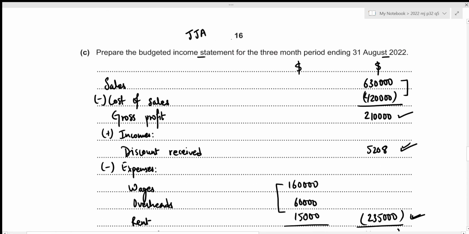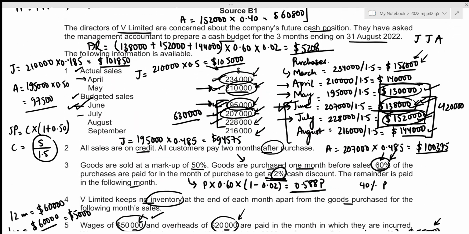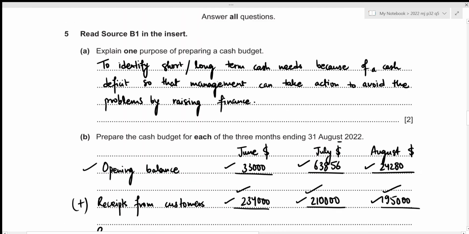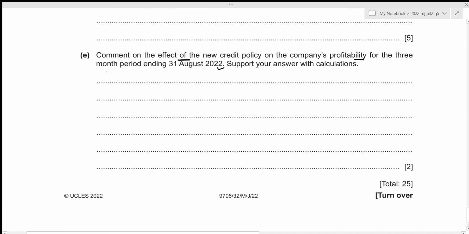Let's have a look above. We are providing discount on the sales made in month of May, June and July in the months of June, July and August, right? So let's figure out the total of these 3 amounts. That's 210,000, 195,000 and 207,000. Let's calculate the discount allowed under new policy.